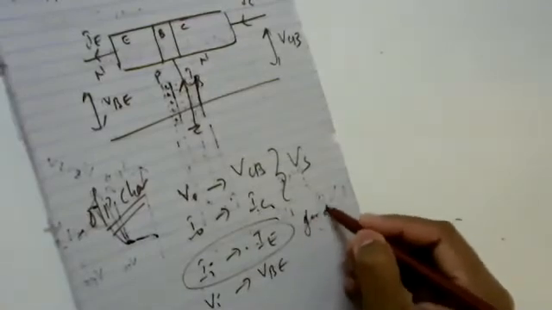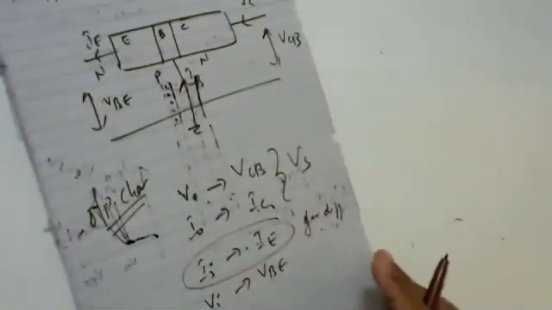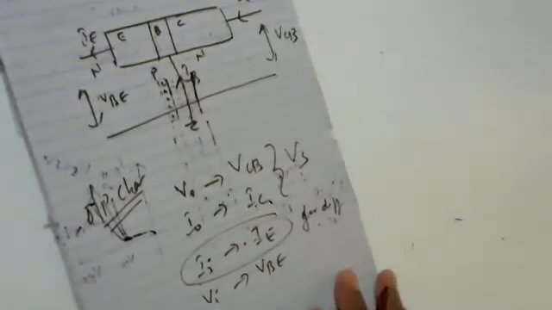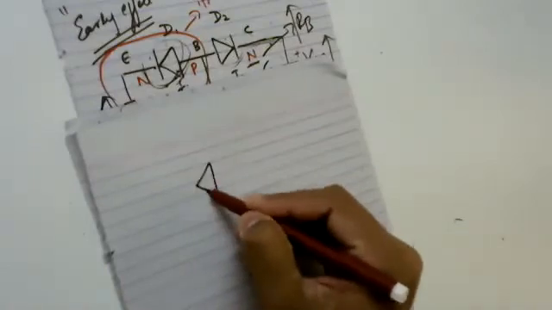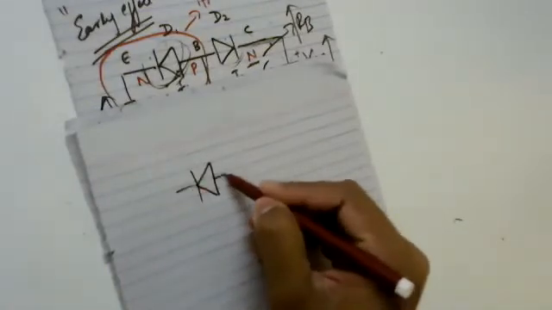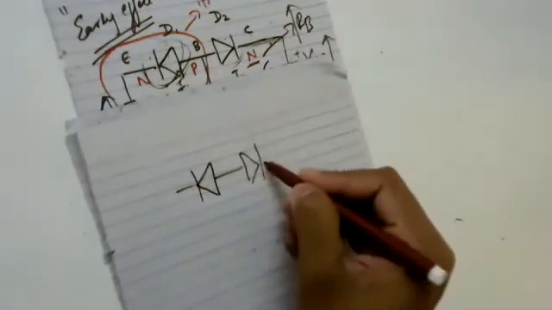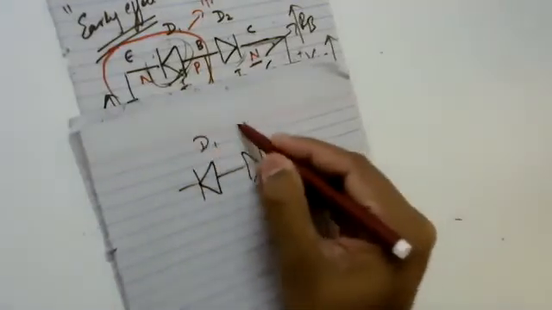So we'll once again analyze this as a two diode model, wherein we'll have two diodes. This is diode D1, and this is diode D2.